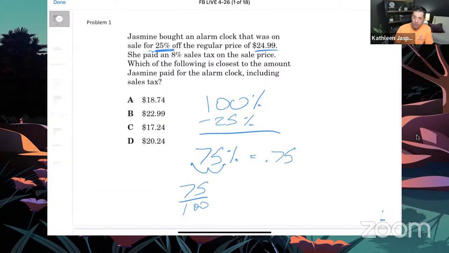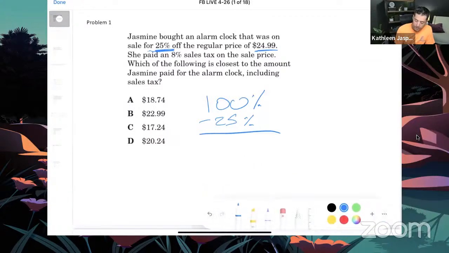It's in the word: per means for every, and then 100. So 75 divided by 100, either way, you're always going to get the right decimal, 0.75.